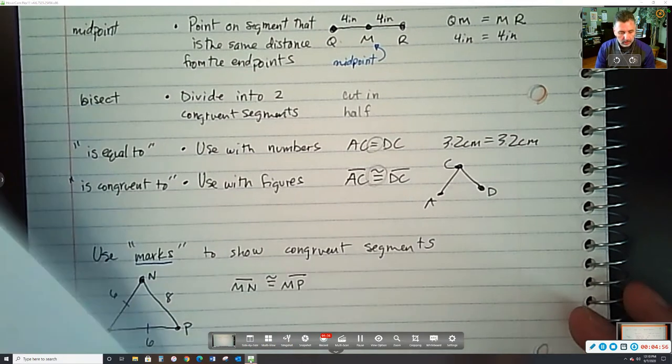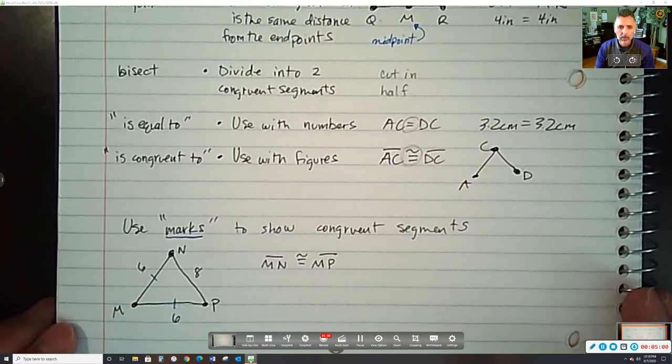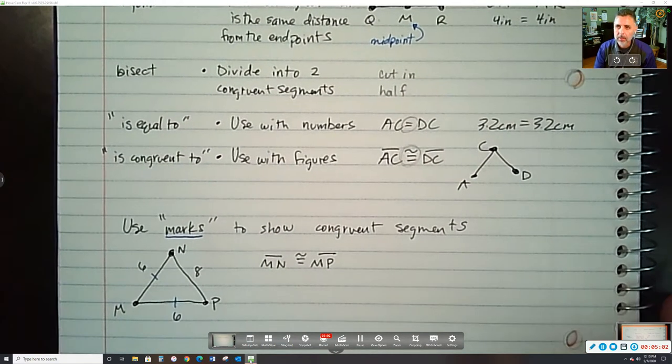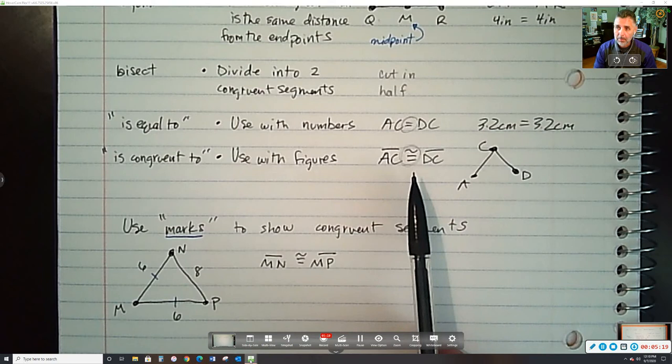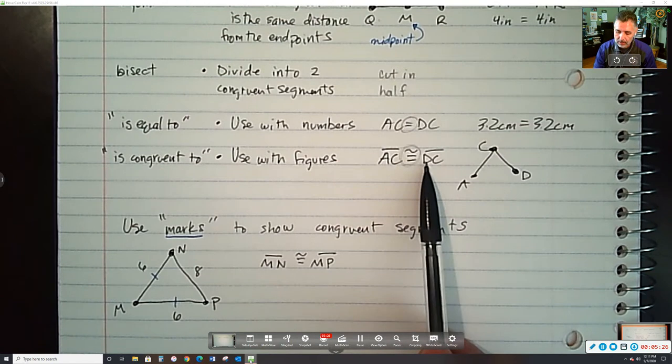And then there's some marks that we use in geometry to show segments are congruent. They're just little hash marks that we put on either sides or segments or angles. You'll see this when we come up with angles in the next section. We put marks on them to show that they're the same length or same measure. See here where it says AC is congruent to DC?